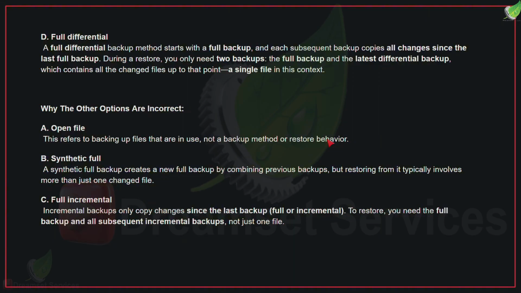A full differential backup method starts with a full backup, and each subsequent backup copies all changes since the last full backup. During a restore, you only need two backups, the full backup and the latest differential backup, which contains all the changed files up to that point, a single file in this context.